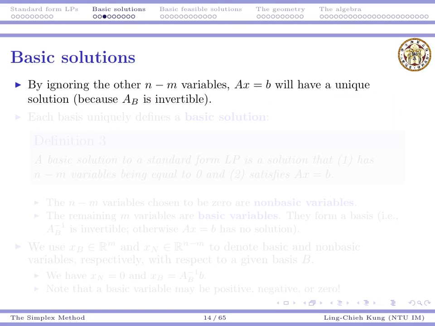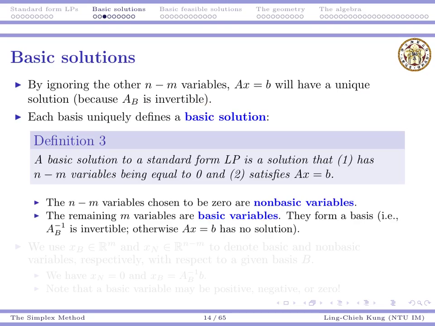So what we're doing is actually ignoring all other n minus m variables, and that means this Ax equals b will be changed to another linear system because some columns have been ignored, and the result is that we get Ax equals b to have a unique solution because AB is invertible. That's exactly what we are doing for a basis.